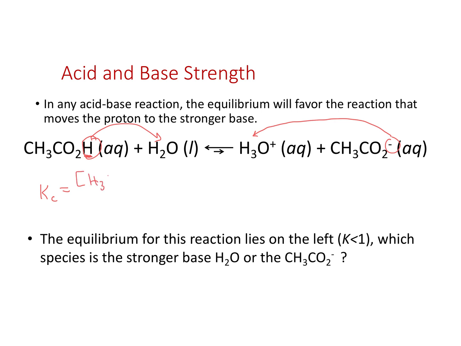I'll write out the expression for this weak acid. Right, all over acetic acid. We ignore that. And what would the magnitude of K be for this equilibrium, for a weak acid?